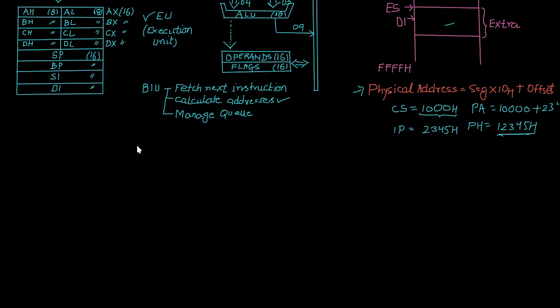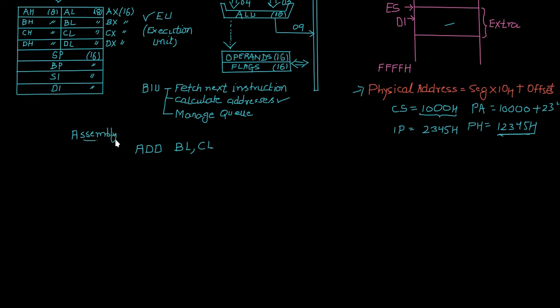Alright, so let's suppose we have an instruction. I will write here add BL comma CL. Now this is an instruction in the assembly language.